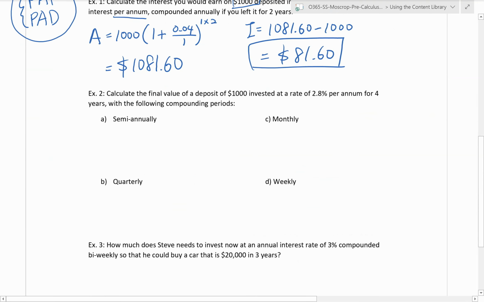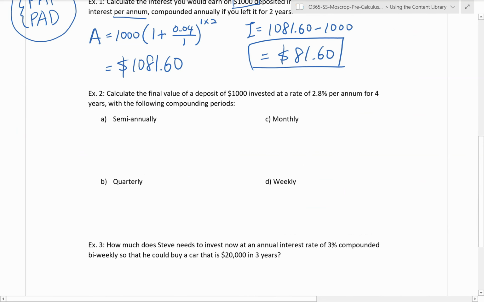So now we're going to look at some different compounding periods here. It says calculate the final value of a deposit of $1,000 invested at a rate of 2.8% per annum for 4 years with the following compounding periods. I'll show you how it works with semi-annually, and then I'll let you try the quarterly, monthly, and weekly.